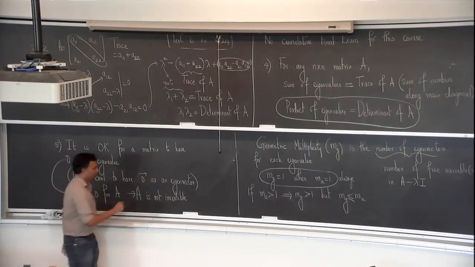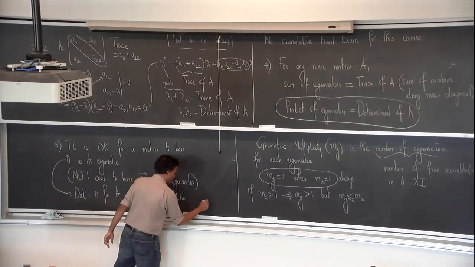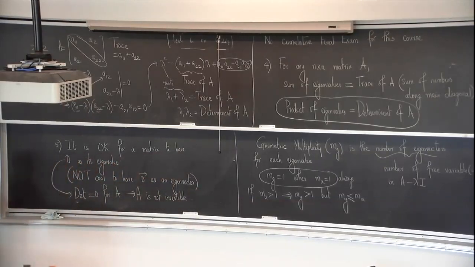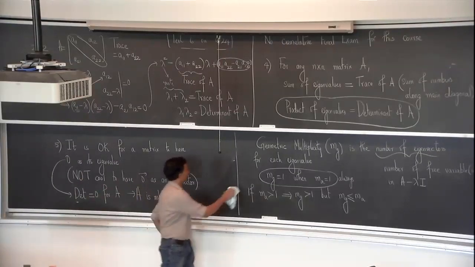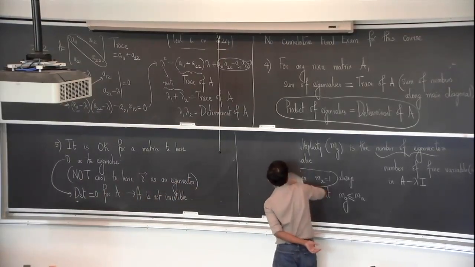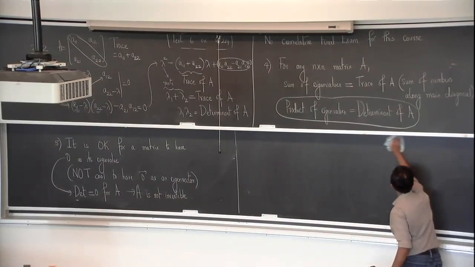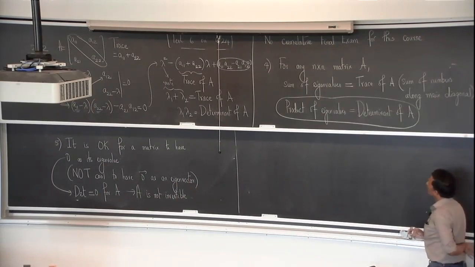I'm not going to write everything because I've done it so many times, about the rank and linear independence and basis and all kinds of things. So that's number 5.